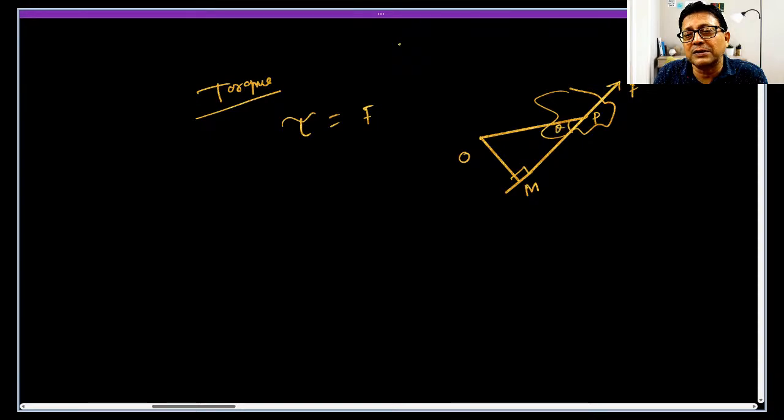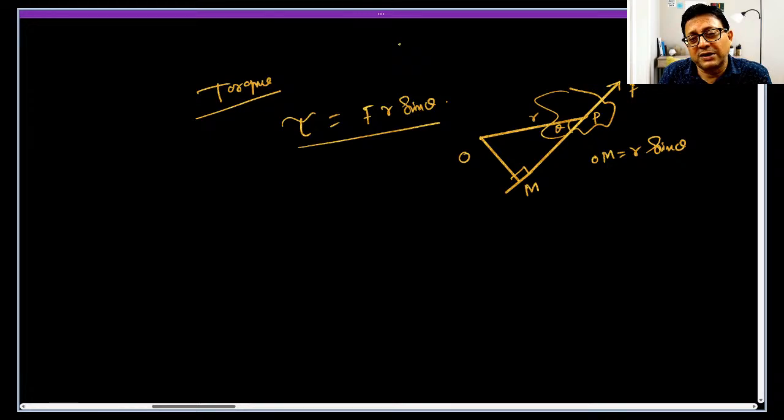This perpendicular distance OM will be r sin theta. So tau will be F r sin theta.